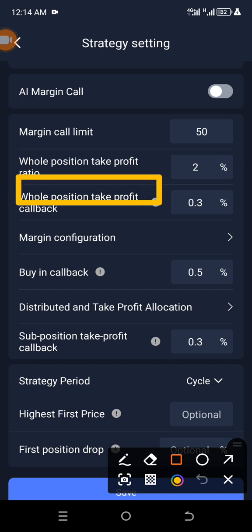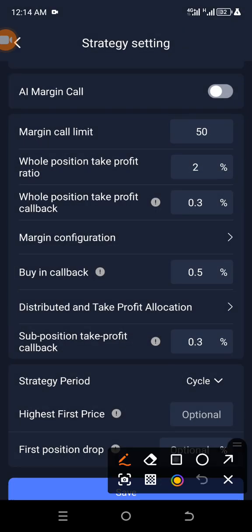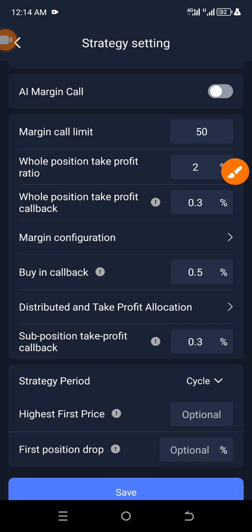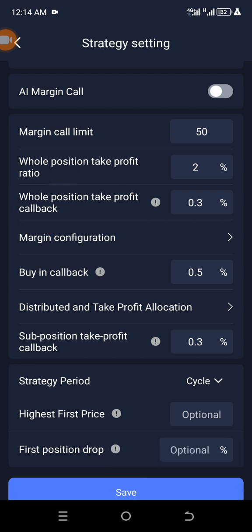Now, the whole position take profit callback here. It simply means that you want 2% from this trade, just like we've set here, but the robot will not sell exactly at 2%.